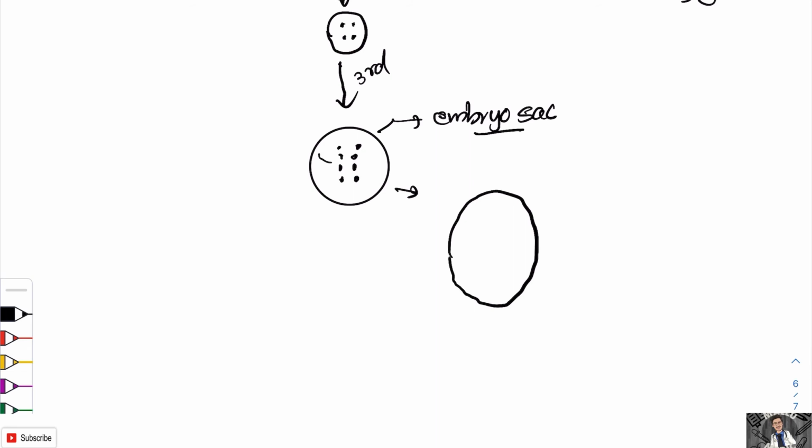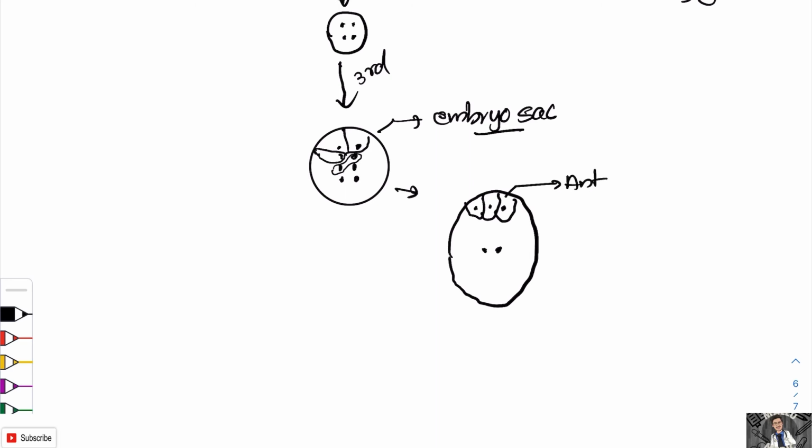The upper 3 cells move to the upper part and form the antipodals. Are you getting this? And the middle 2 nuclei stay at the middle and form the polar nuclei.